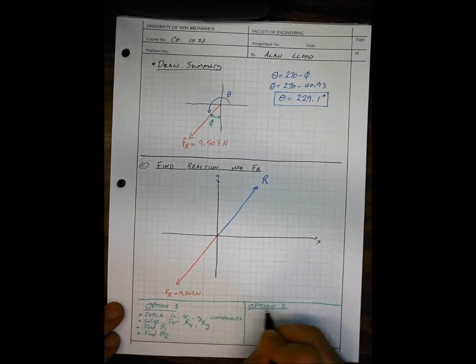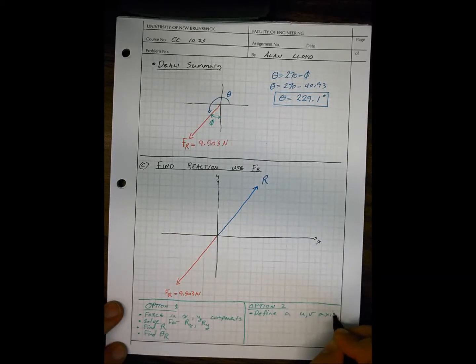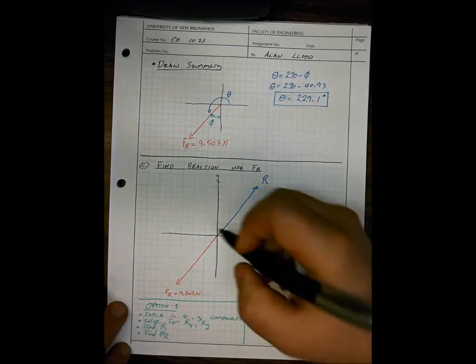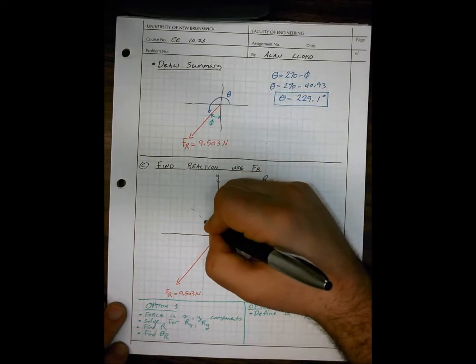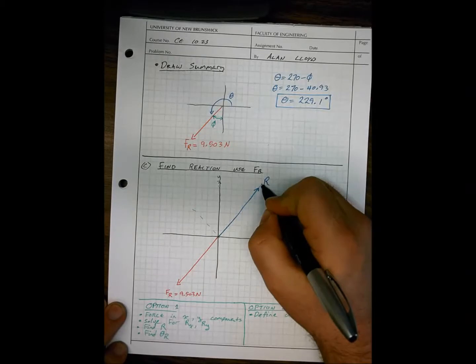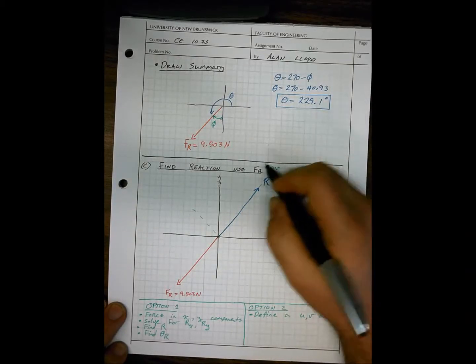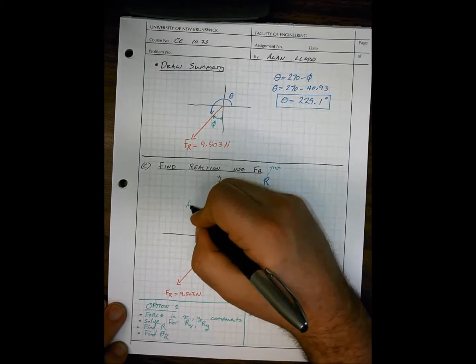Let's first define a U and V axis. So let's rotate, now let's call this the U and this the V axes.